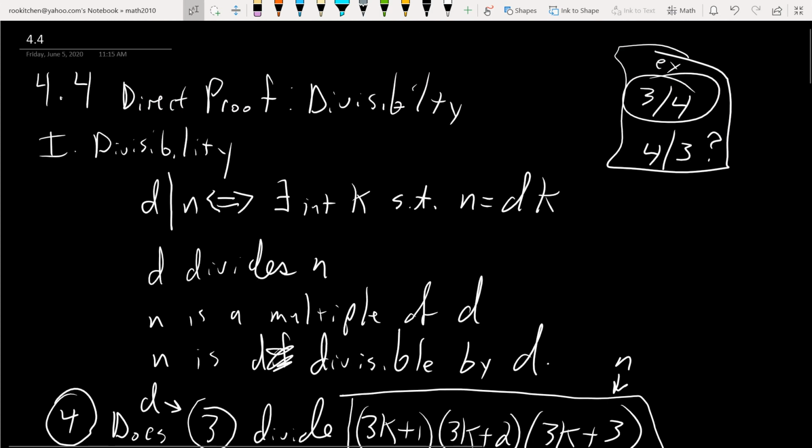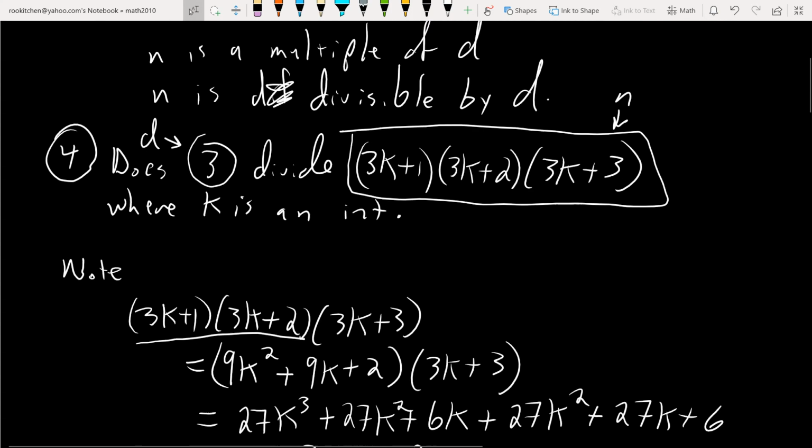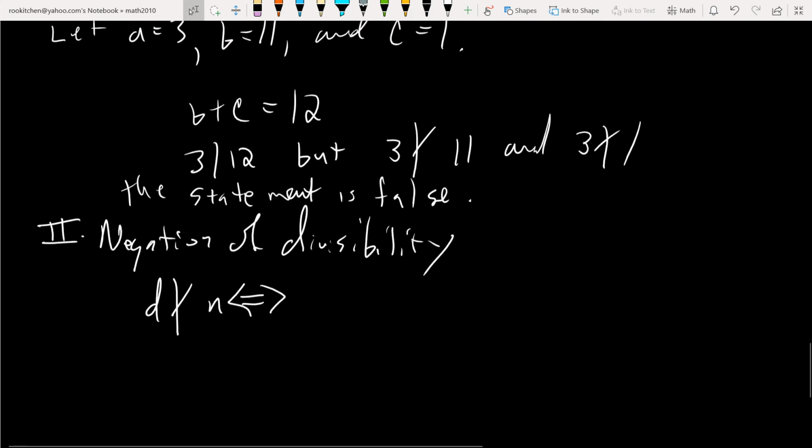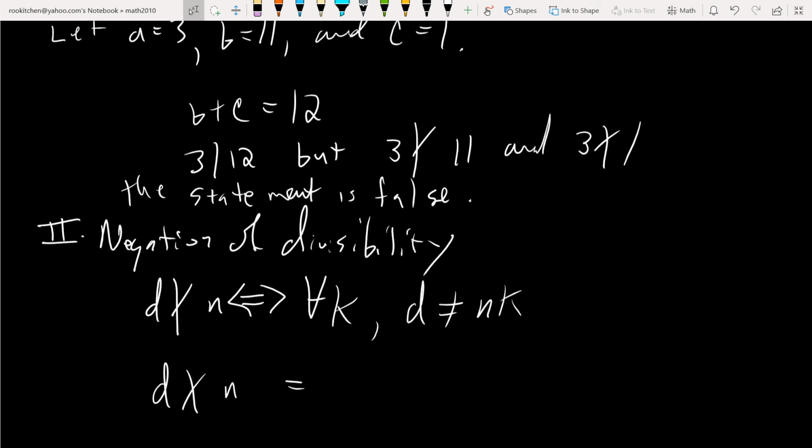So now it'll be for all integers k, n does not equal some d times some integer. So d does not divide n if and only if for all integers k, d does not equal n times k. Another way of saying it, d does not divide n, is the same thing as saying n over d is not an integer. That'll work as well.